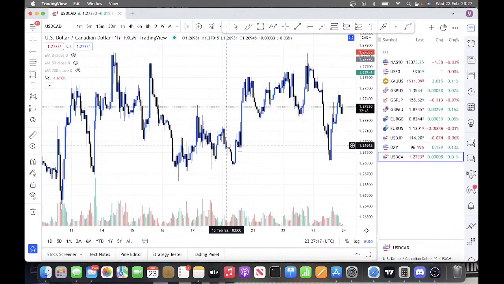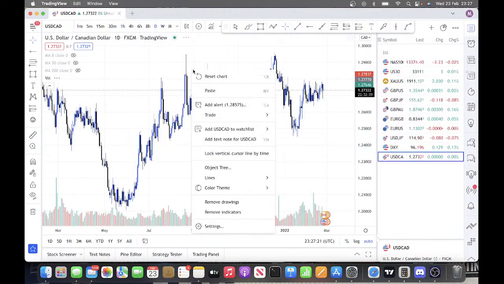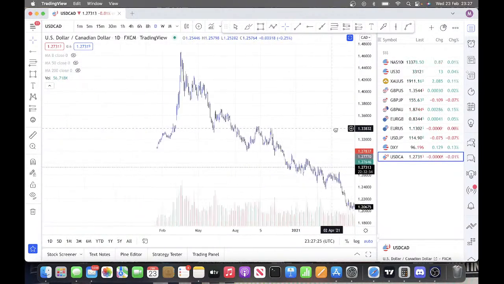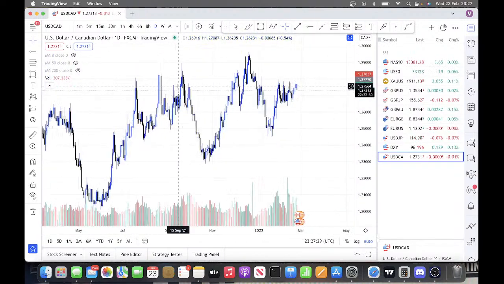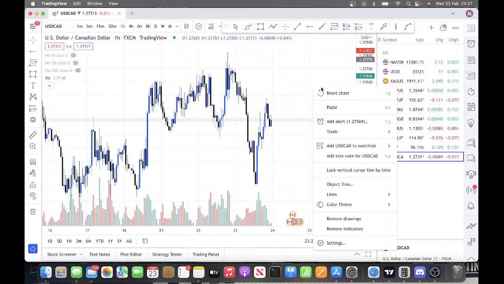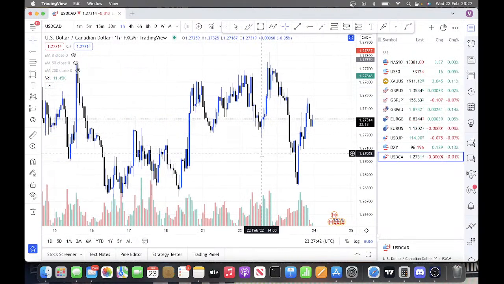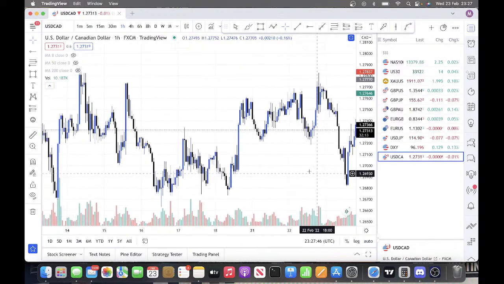So I'll hop in my 1 hour, or I'll find my daily, sorry, see where we're going. So we're obviously in a clear downtrend since April. Just got quite choppy now, but even in these choppy markets we can still find our buys and our sells. So first, hop on my hourly chart, I'll find my structure, which is here.